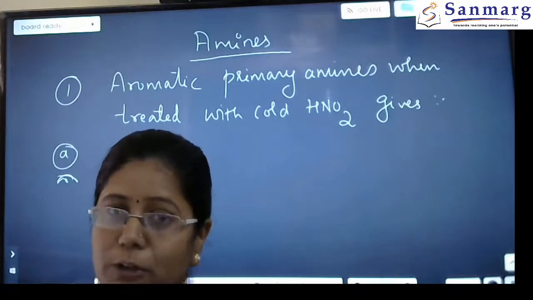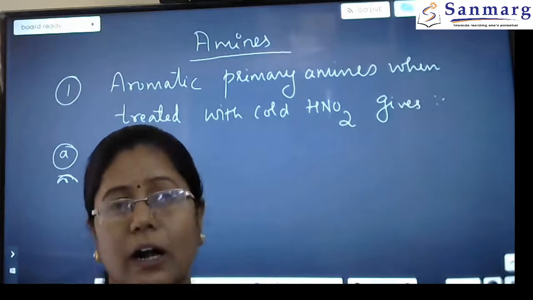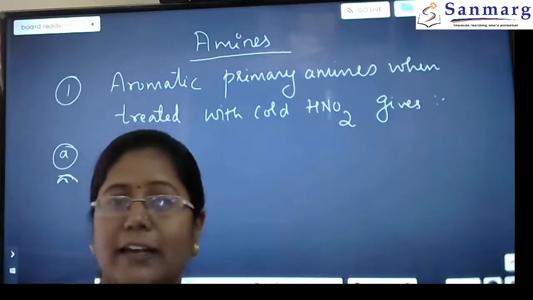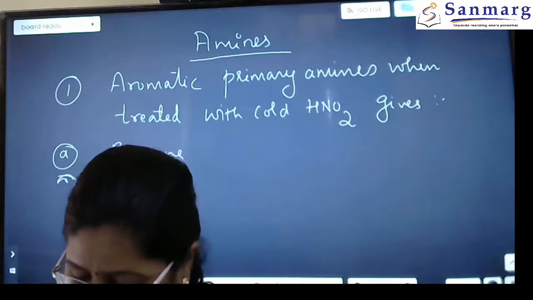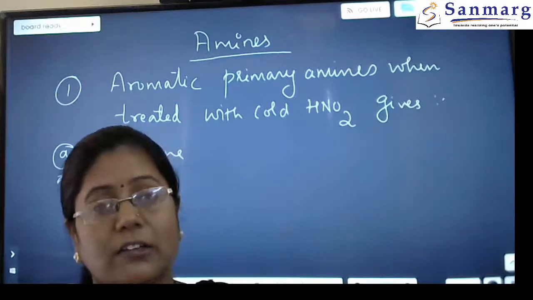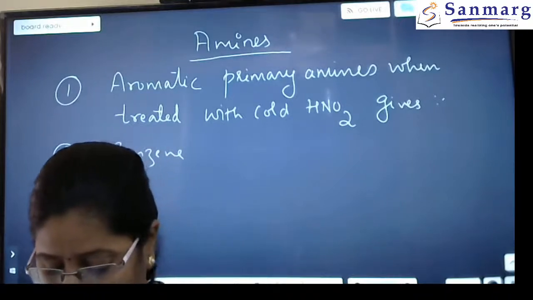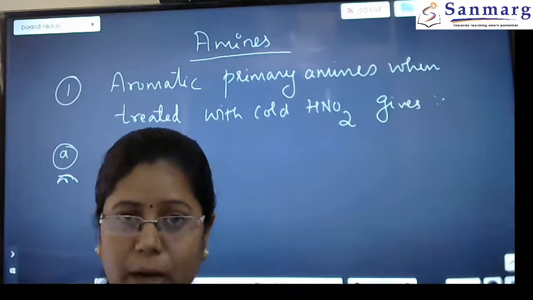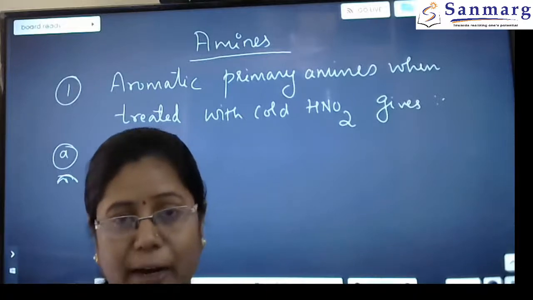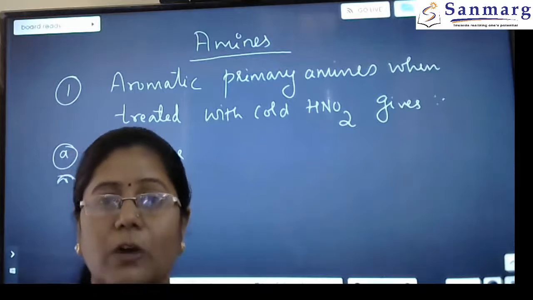Benzamide is converted into aniline, because the C double bond O group is eliminated and the NH2 group is linked to benzene. Such reactions are called Hoffman-bromamide reaction. In this reaction, any benzamide or methyl amide, ethyl amide is treated with bromine in presence of base.